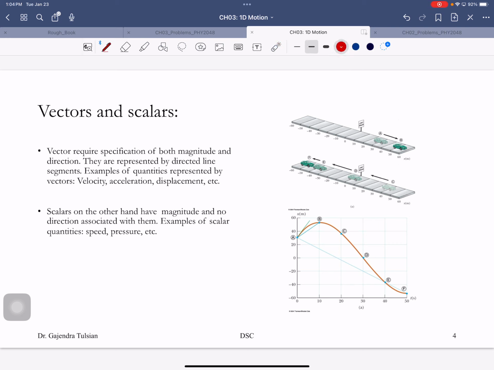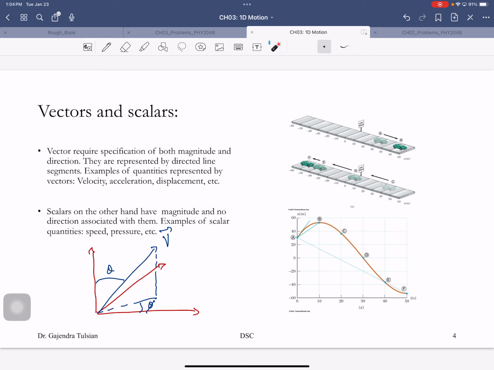So in 3 dimensions, you need 2 numbers to specify the direction. For instance, if your velocity is like that, you need this angle and this angle. So you need 2 numbers to specify the direction of the vector.